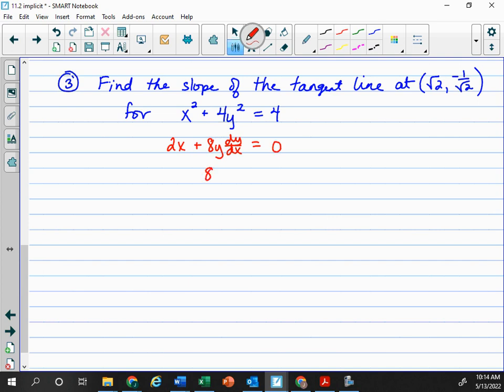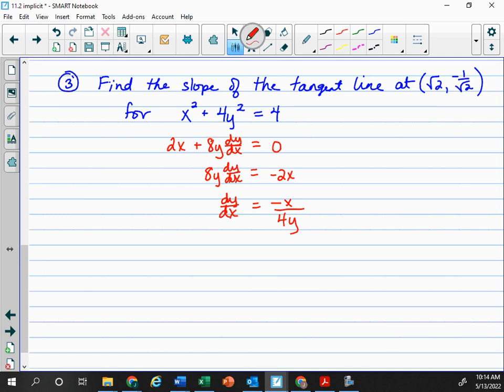So I've got 8y dy/dx equals negative 2x. When I divide, are you okay with me going to negative x over 4y? That's the formula to find the slope at any point along this curve.